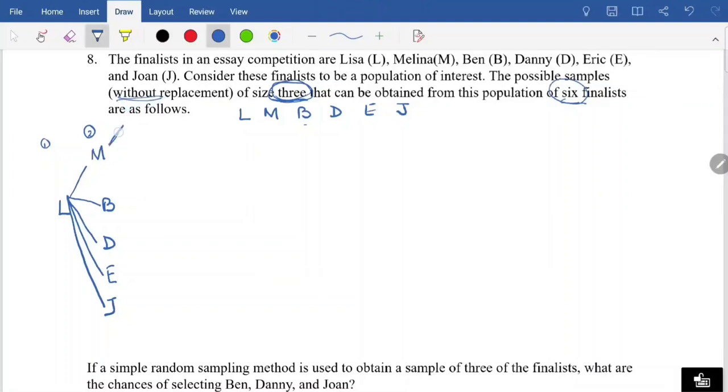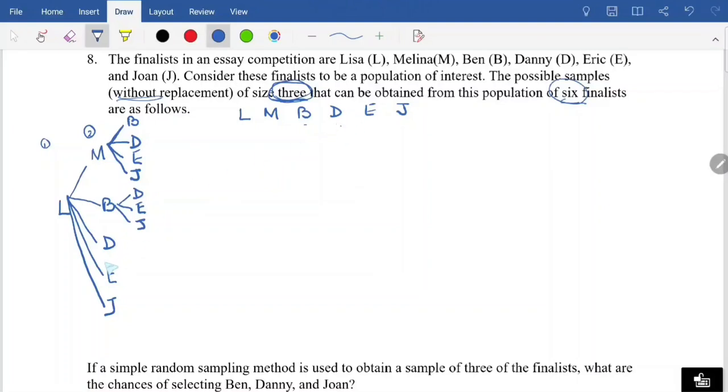So from M, we can either get B, Ben, or D, Danny, or Eric, or Joan, correct? If it's B, then what are the names that come after B? We can either draw D or E or J, right?